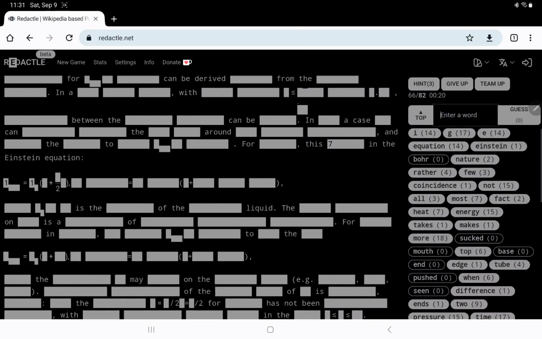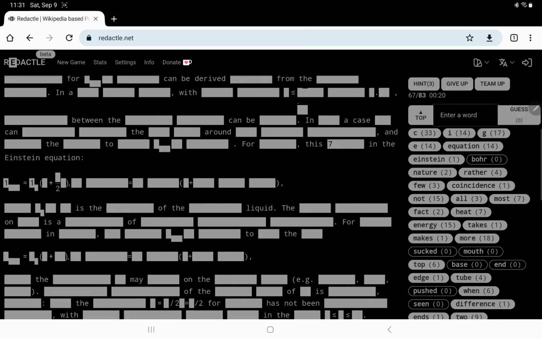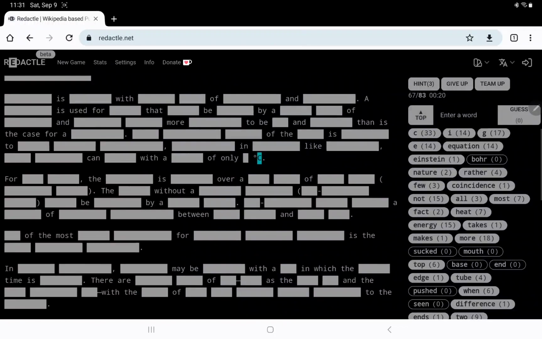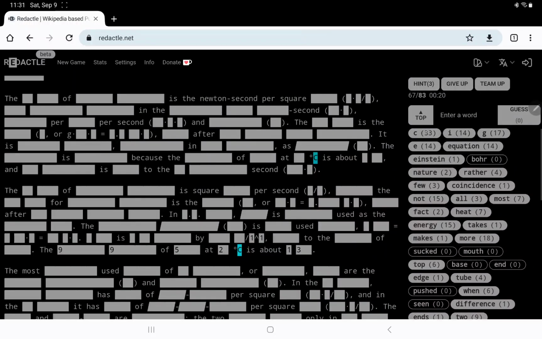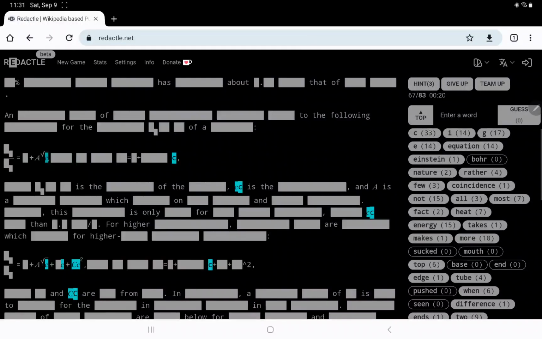We probably have some IEs. How about C, speed of light? Degrees centigrade. Here we have C. Now let's do light. Oops, speed.